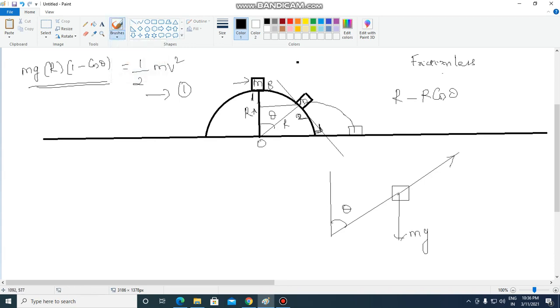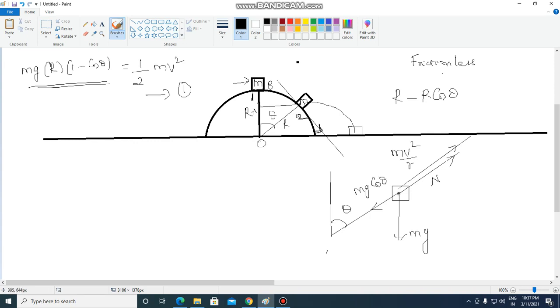And apart from that, there is one more important force, the radial component corresponding to the acceleration, which is acting outwards, equal to mv square by r. Now mv square by r and n are acting outwards. The component of the weight of the object along the radius is going to be mg cos theta.